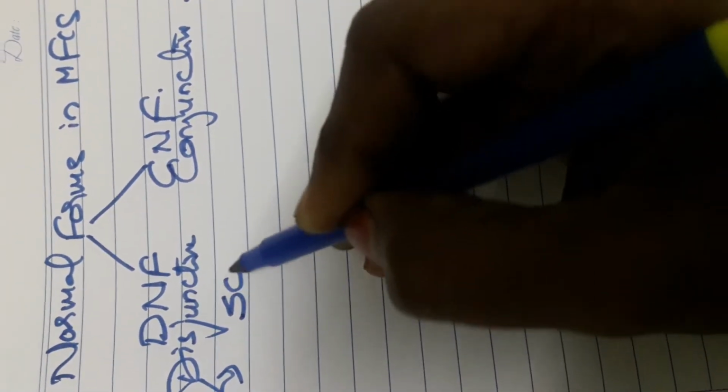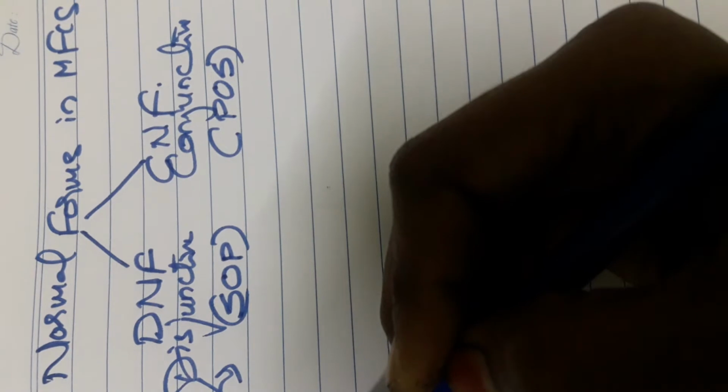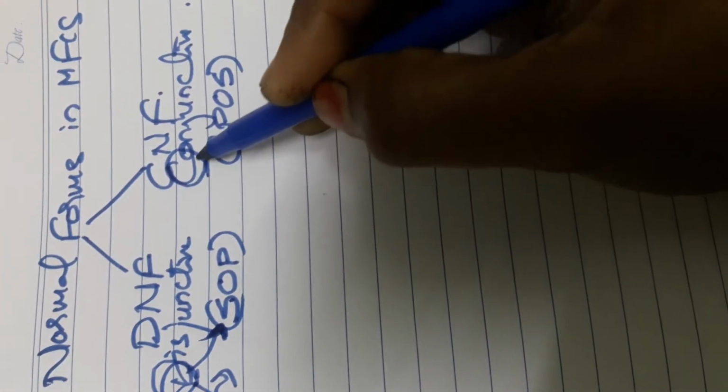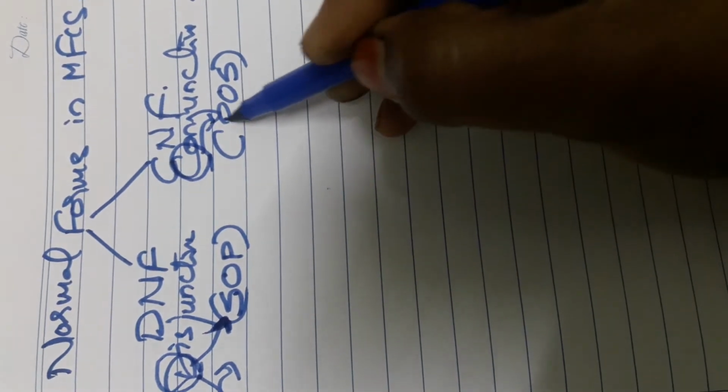Disjunctive normal form is also known as a sum of products. Conjunctive normal form is also known as a product of sums. It's easy to remember: for D, S will come, data structures. For conjunctive normal form, for C you need to remember P, C, P.